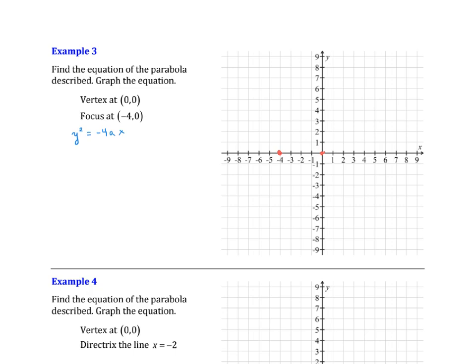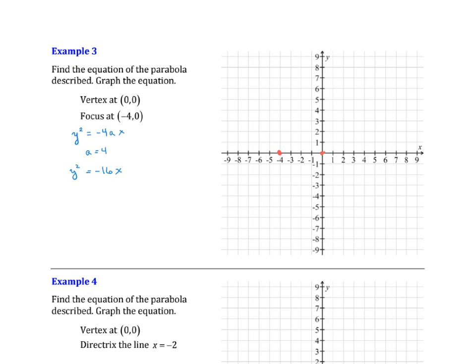But what's a? a is the distance from the focus to the vertex. So that distance is 4. So a equals 4 means that y squared would equal negative 16x. So there's our equation.